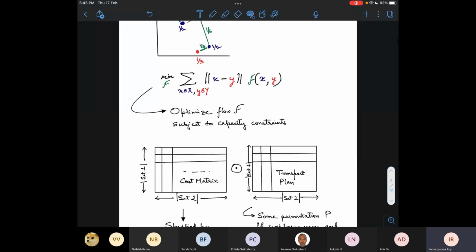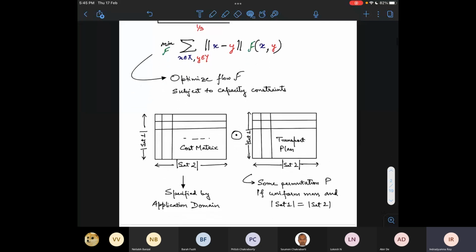Another way in which I usually view this is to have a cost matrix corresponding to these two sets. If the cardinalities of the set are, let's say, n, then we have an n square matrix, and we have a transport plan which is also n square. And then if we do a dot product between the two matrices, that gives us the cost of the entire transportation plan.